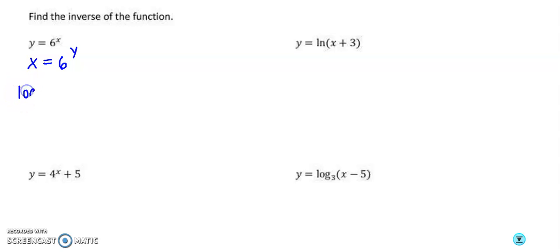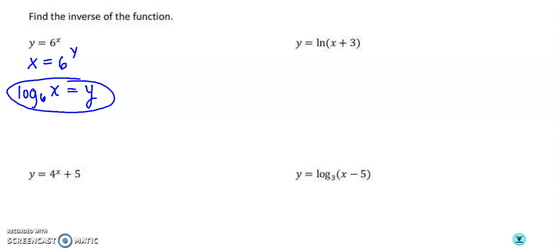If I log base 6 the left side, I'm left with log base 6 of x. If I log base 6 the right side, all I'm left with is y, because the base 6 and the log base 6 would cancel out. So I'm just going to circle that. There's my inverse.